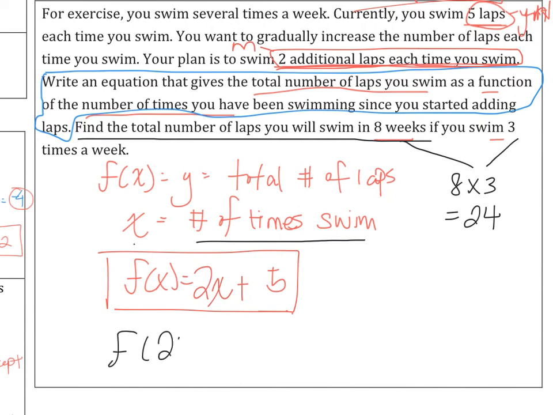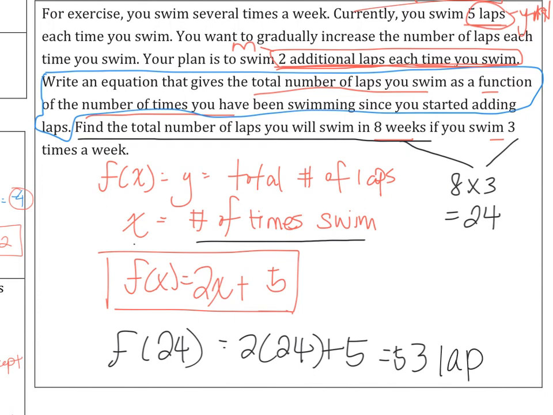So we need to sub in 24 for x. To get 53 laps. And this concludes our lesson.